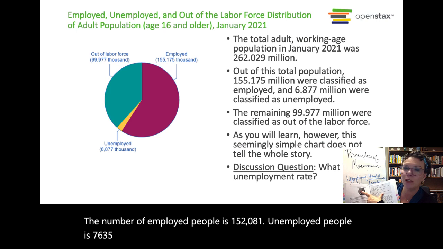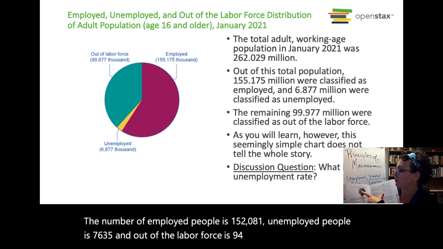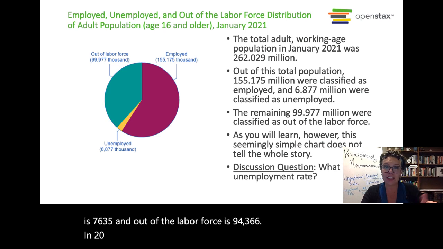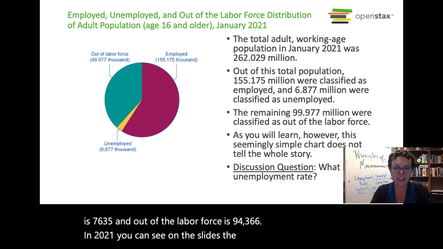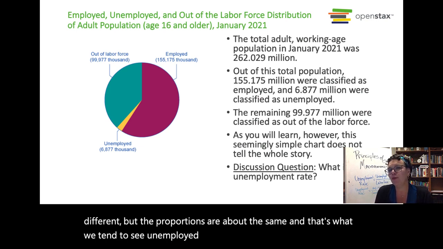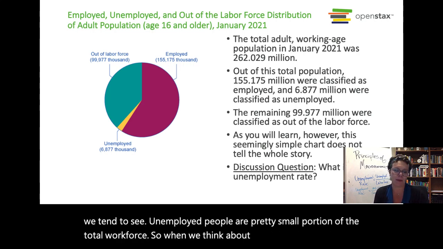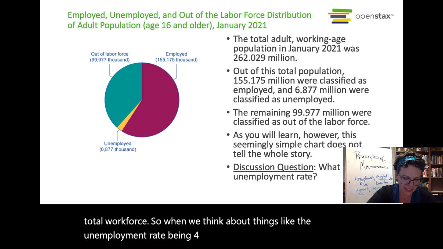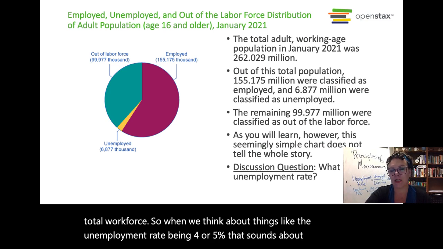And out of the labor force is 94,366. In 2021, you can see on the slides, the numbers are a little bit different, but the proportions are about the same. And that's what we tend to see. Unemployed people are a pretty small portion of the total workforce. So when we think about things like the unemployment rate being 4 or 5%, that sounds about right to us.